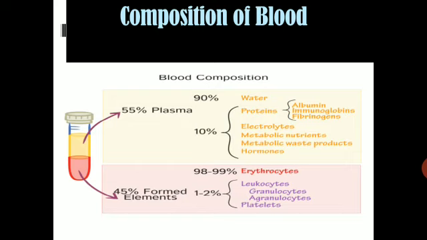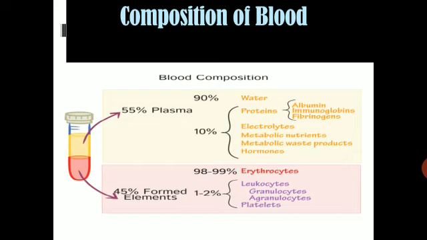Formed elements are the cellular components of blood. So blood consists of two types of components: one is its acellular component, plasma, and the other is formed elements, its cellular components, namely RBCs, WBCs and platelets.